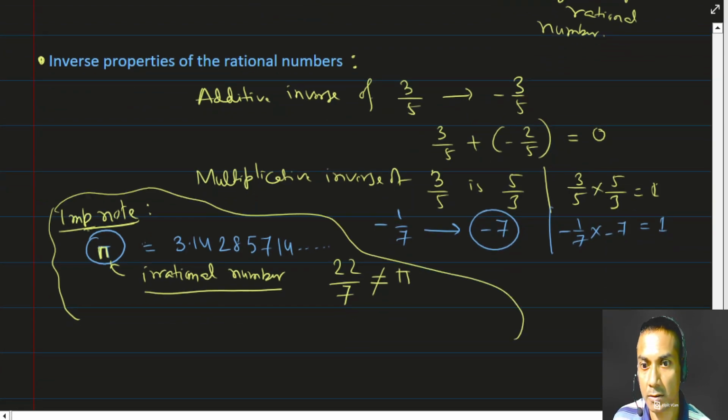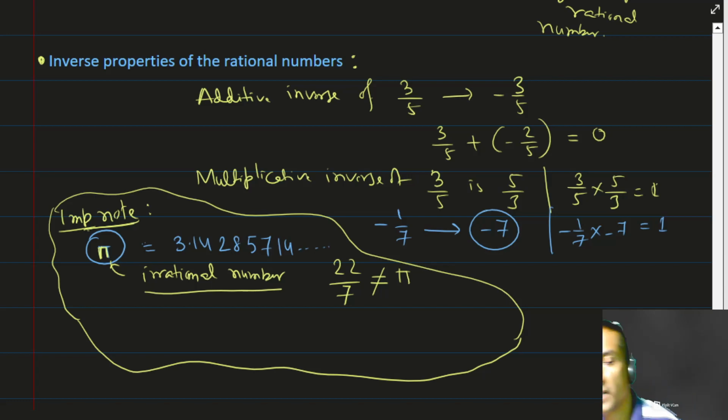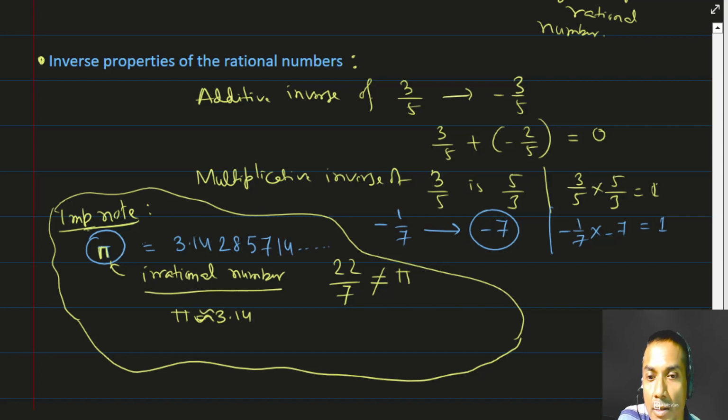Try to understand: pi is not the exact value of 22 by 7. For different applications, we get the approximate value. Mostly pi is considered as 3.14. It is not the exact value. Clear?